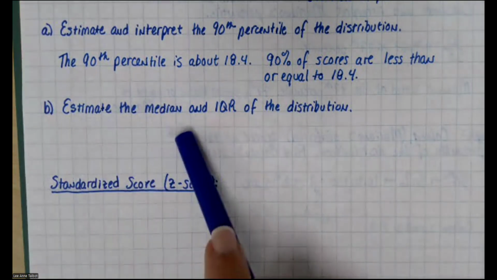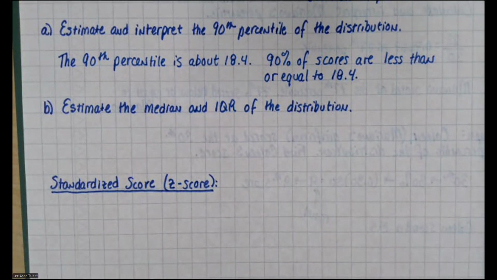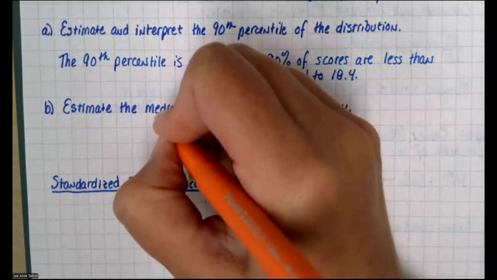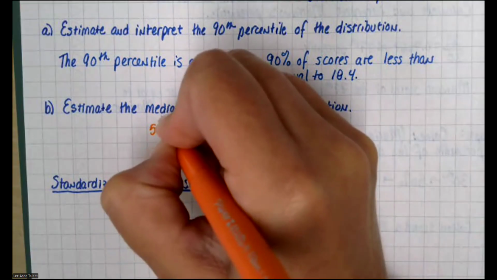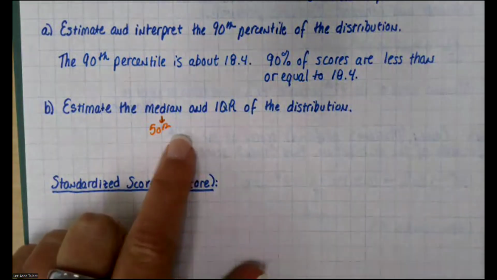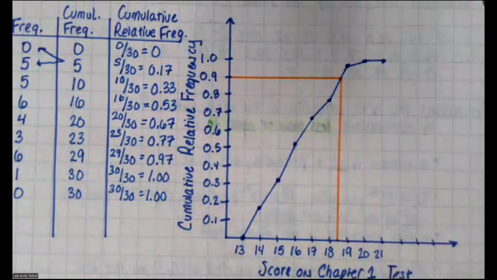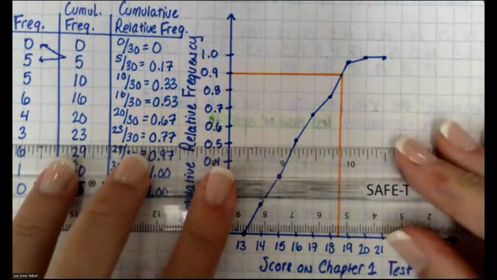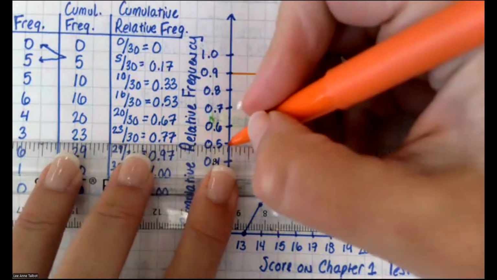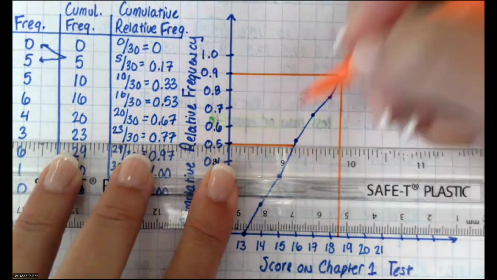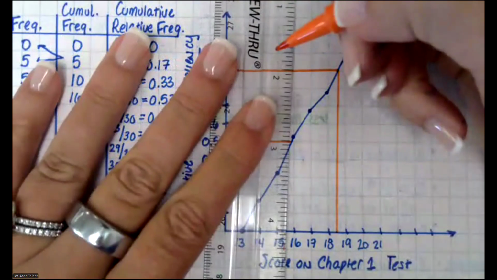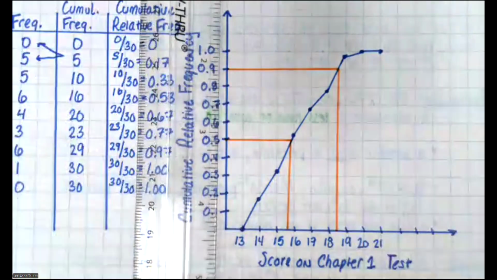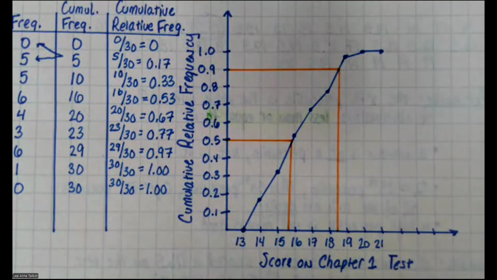Okay, and then we're going to estimate the median and IQR using the graph. So the median, I told you guys, was the 50th percentile. So I'll go on up here to the 50th percentile, estimate the median. I don't think I went straight down.